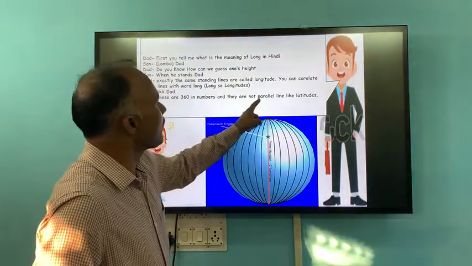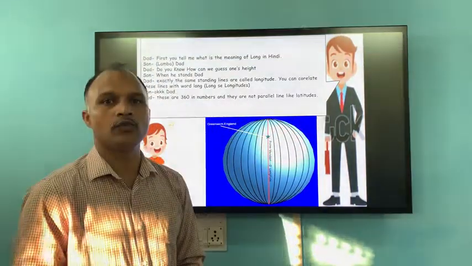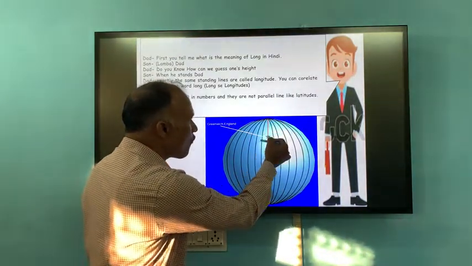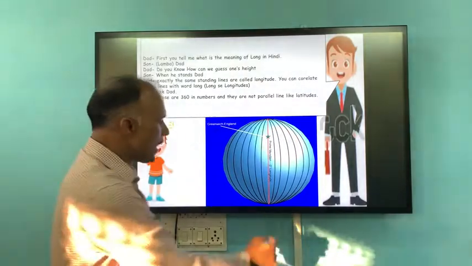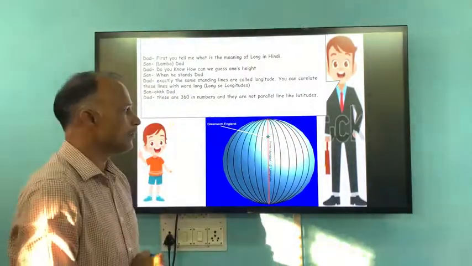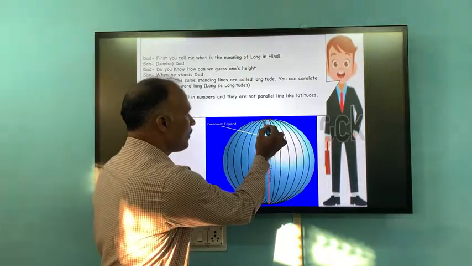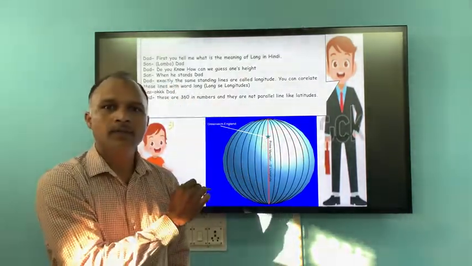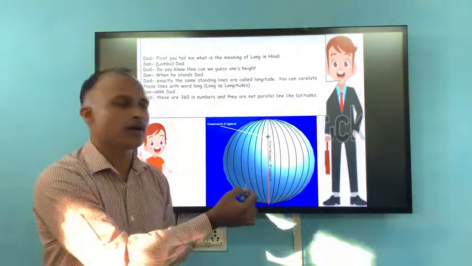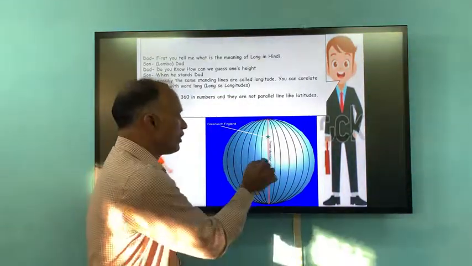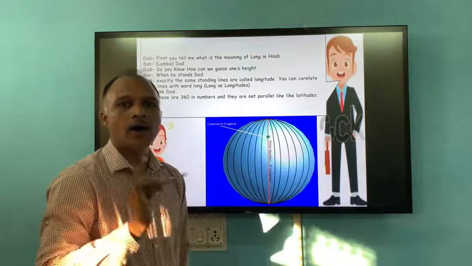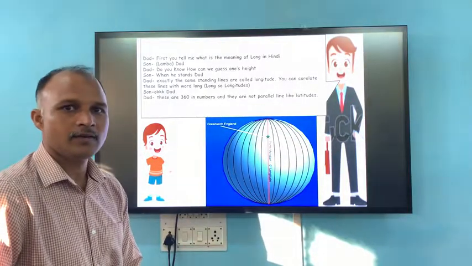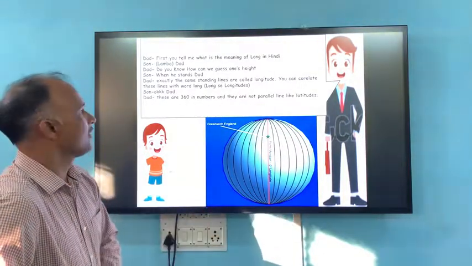These are not parallel like latitudes, because all lines start from one point, the North Pole, and end at the South Pole. Here the gap is lowest, and at the center, near or on the equator, these lines have the highest gap. Okay, dear Rohan? his father asked.